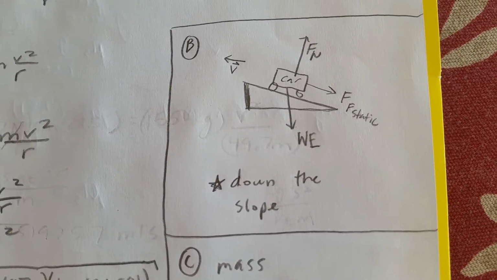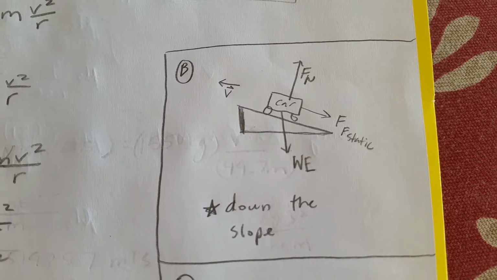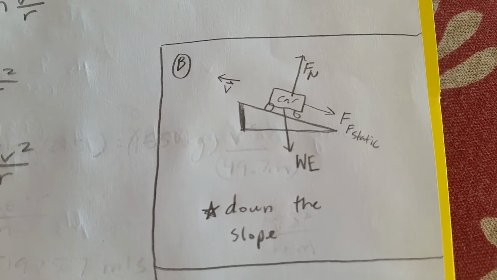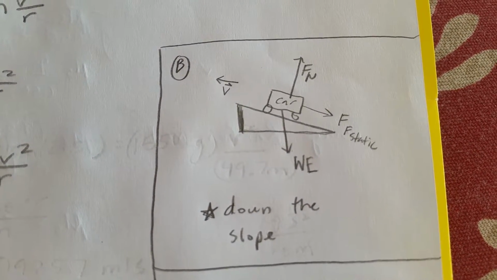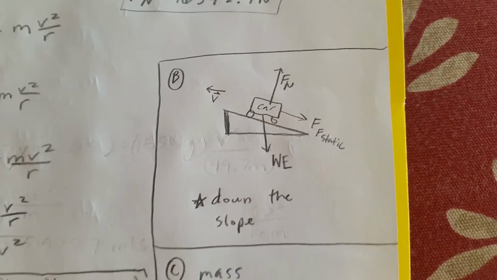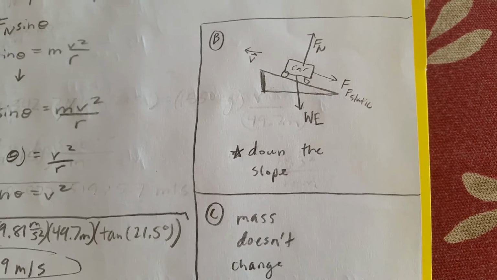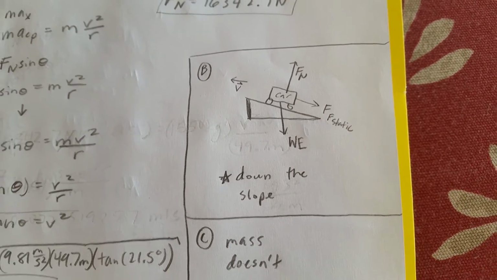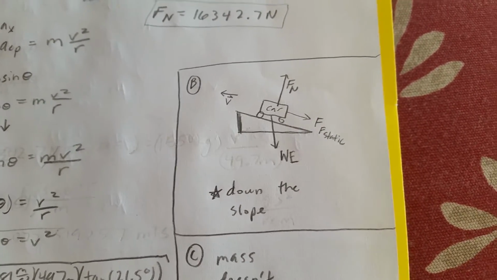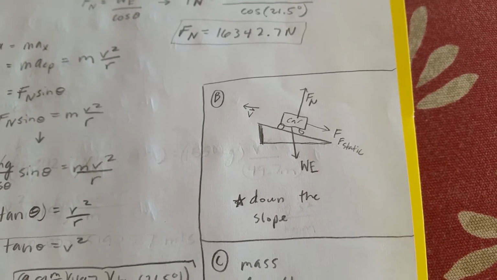So if you were just to add friction, friction is just what keeps you on that ramp if you're going faster or slower than 13.9 meters per second, and there is a limit to that. You will fall off one way or the other if you do go too fast or too slow, but friction is what keeps you on there.